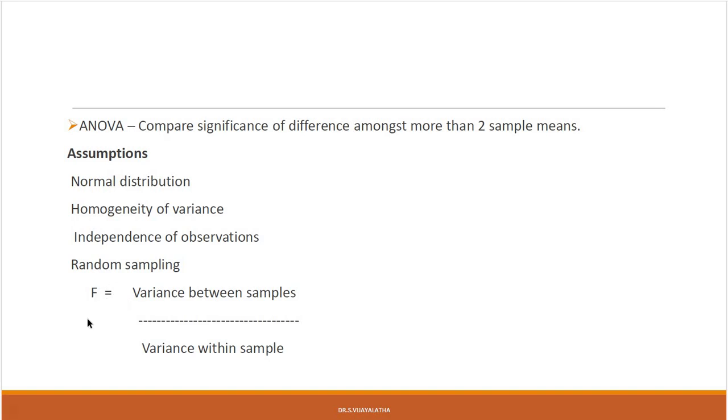Whereas if we are manually calculating, we have to then see if our calculated value is greater than the table value at 0.05 level of significance. If the calculated value is greater than the table value, null hypothesis can be rejected, and we can say that there is a statistically significant difference between the groups. This we have seen in our earlier videos also.